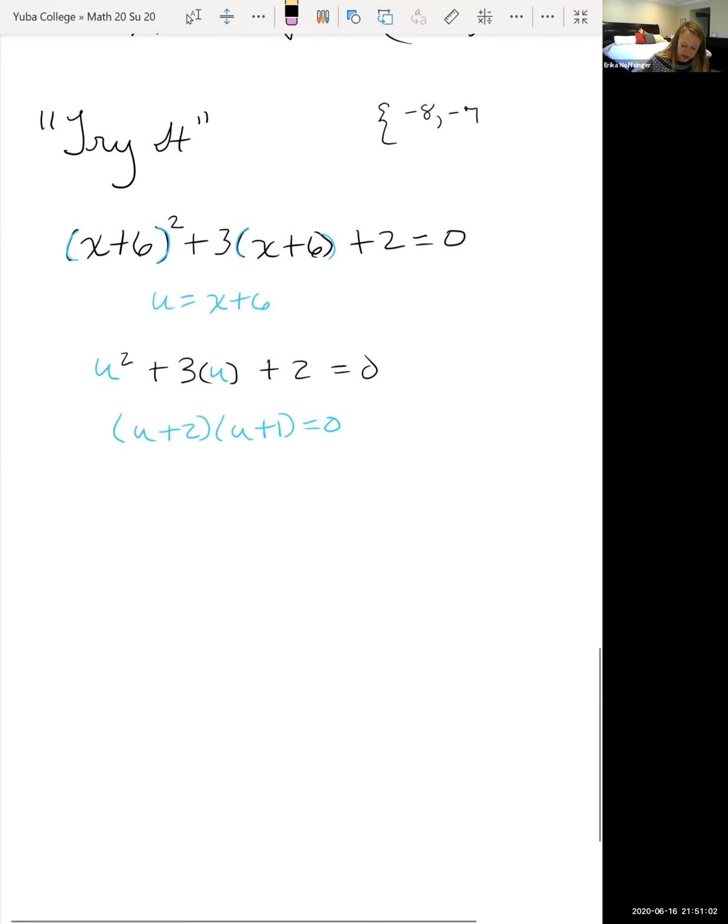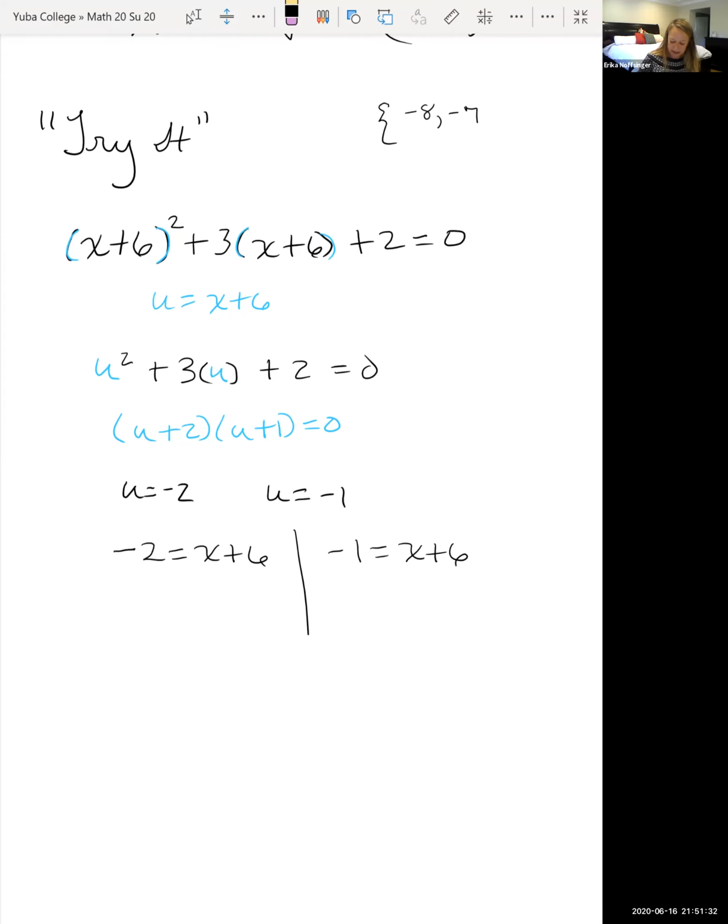Sometimes I'm going to skip steps. u plus 1 equals 0 when u is equal to negative 1. And now I need to go back in and solve for x. Well, we have that u is x plus 6. So I have negative 2 equals x plus 6, and I have negative 1 is equal to x plus 6.